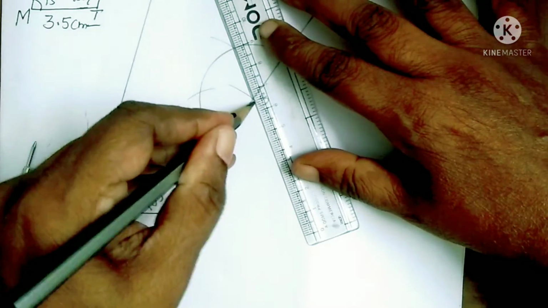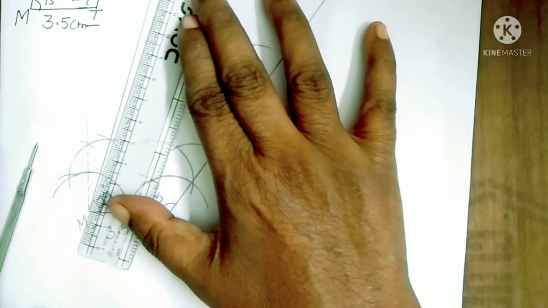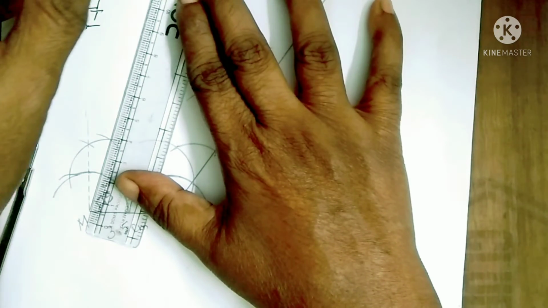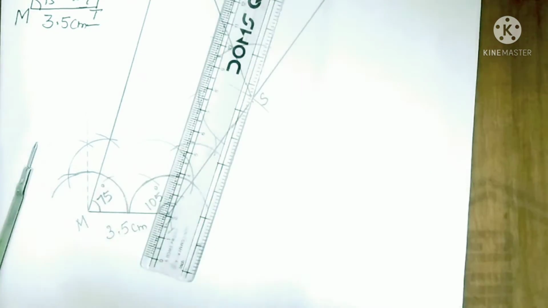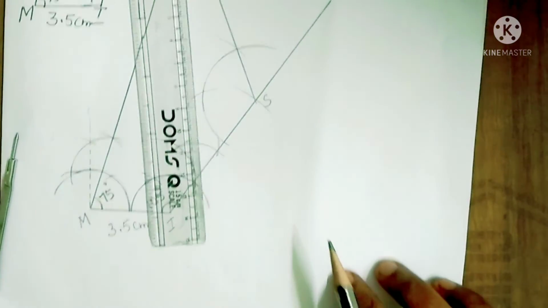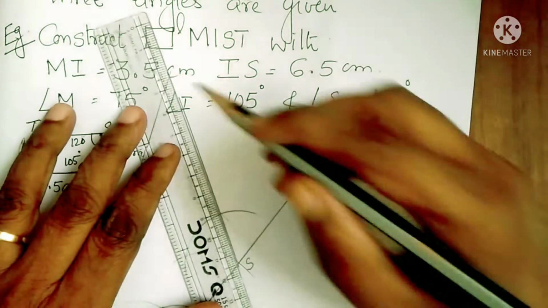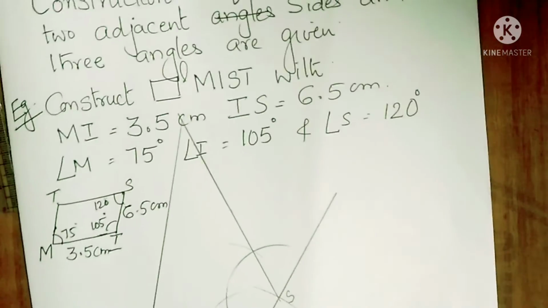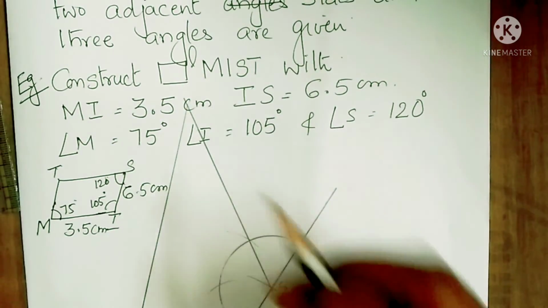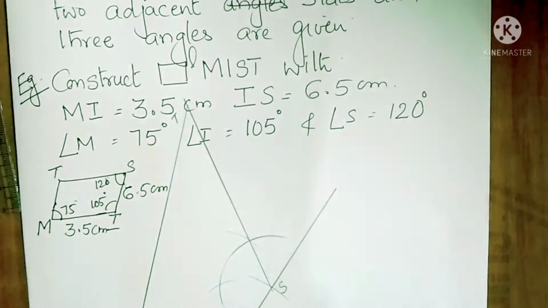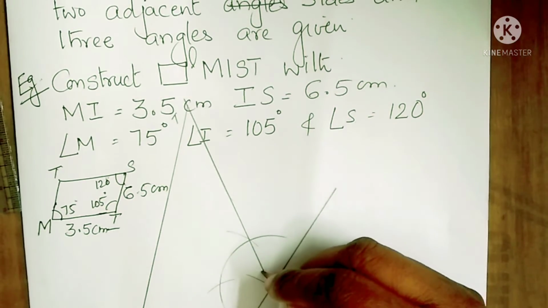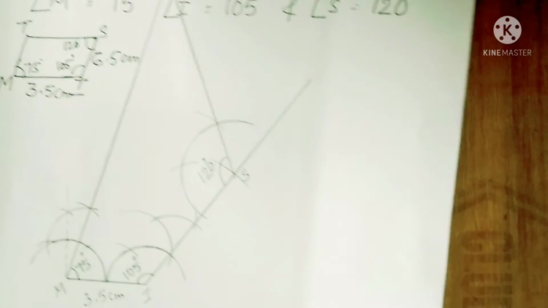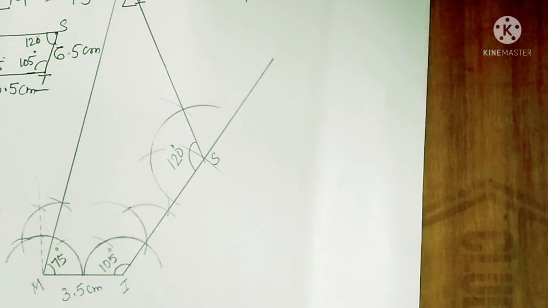Now if this line is not meeting, you need to extend it. Again today also I could have drawn a little down. See, it is going like this, so you can extend it and make it meet. So here is the point T. While drawing, you take care, you have to draw a little down. So this angle is 120 degree.